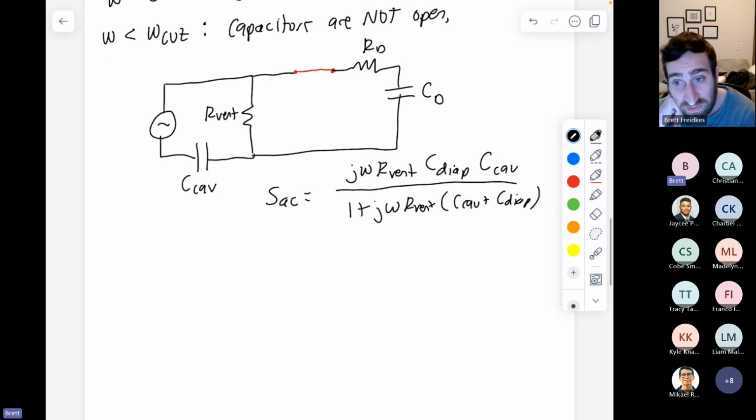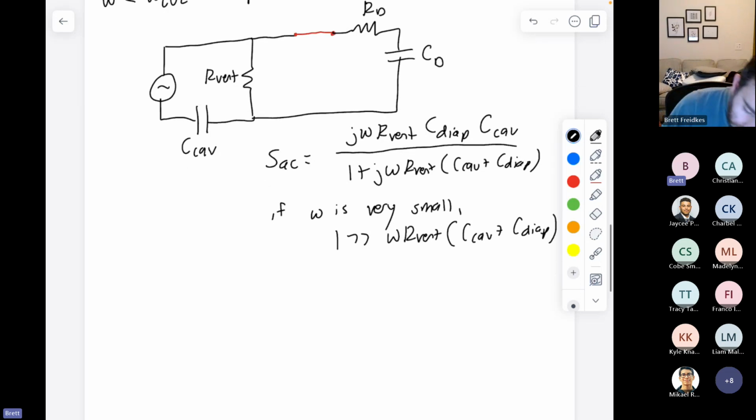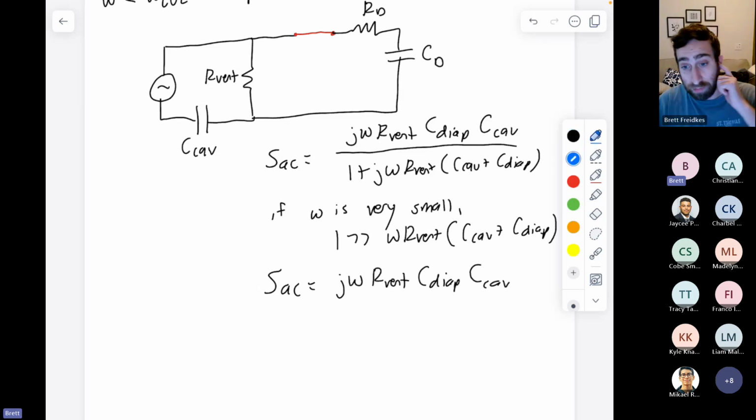And what we did was assume that if omega is very, very small, not 0 but very small, we would say that 1 is much greater than that term. Which means that our acoustic sensitivity in that region is j omega, the vent resistance, times the product of the compliances.